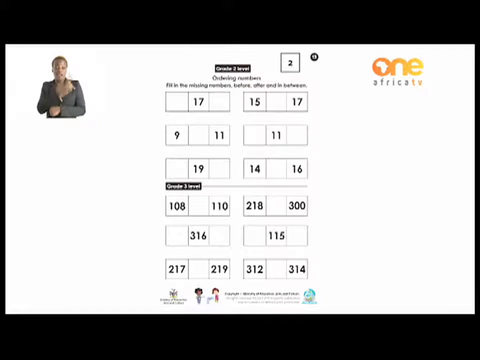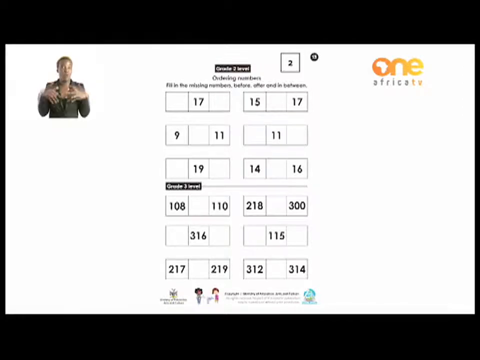We have been given 15, and the number that follows after 15 has been taken away, and then we have 17. So between 15 and 17, what number comes there? Number 16. Very good. So I would like for you to do 1, 2, 3, 4 on your own. And then we move on downwards to grade 3 level.